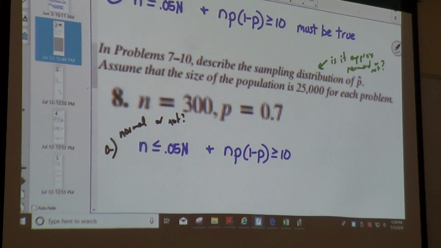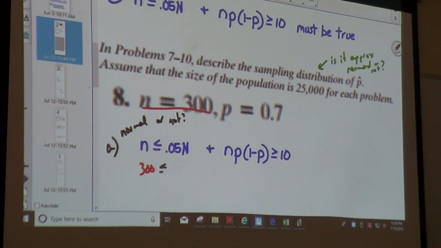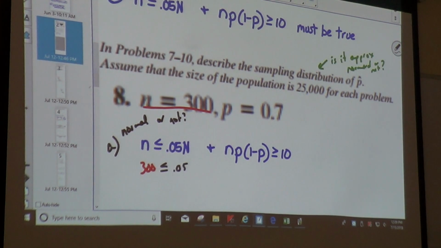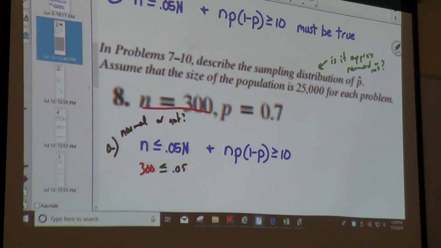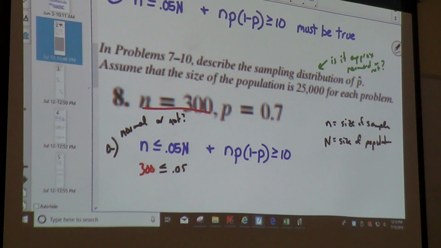My little n was 300. What do you think my big N is? My little n is the size of the sample. My big N is the size of the population. It's capital because it means something big. So what is the size of my population? 25,000.